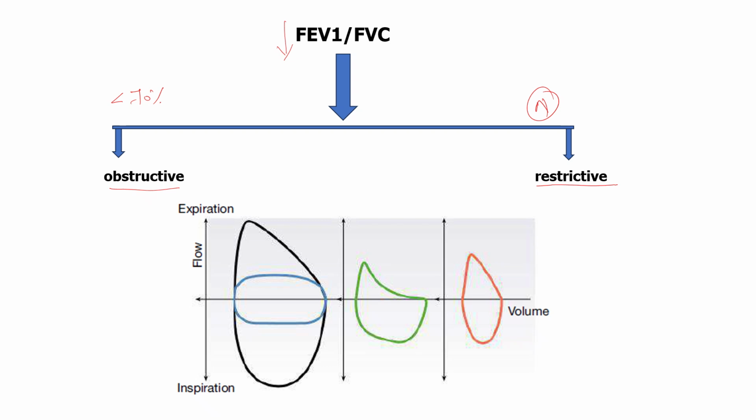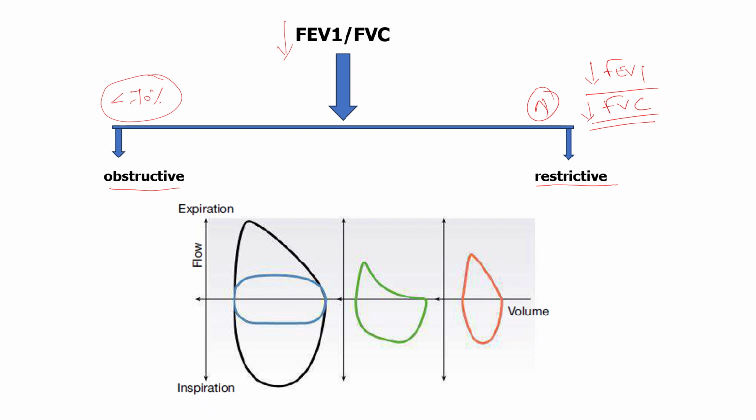So the ratio will be less than 70% and we can call it obstructive. But in a restrictive disease, that means if the chest wall and everything is not moving, there will be a proportional decrease in both FEV1 and FVC. So the ratio will be almost normal and it is restrictive.